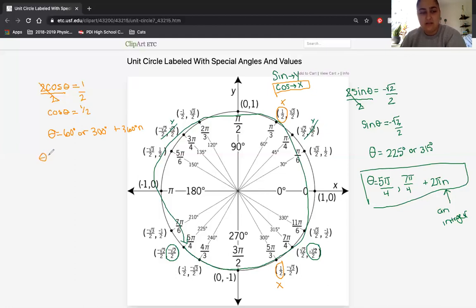So I'm also going to write the answer in radians so you can see it: pi over 3, comma 5 pi over 3, plus 2 pi n. I think it's really important to specify what n is, so n is an integer. Those are two examples of solving trig equations, and that should help you with your Desmos activity.